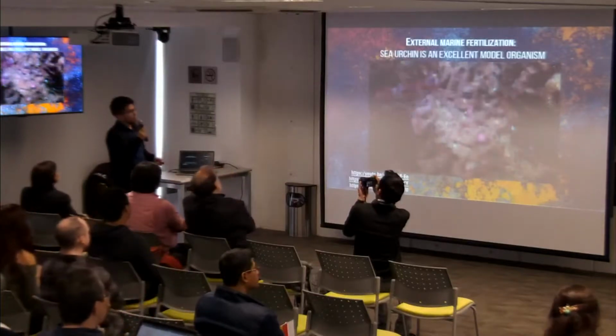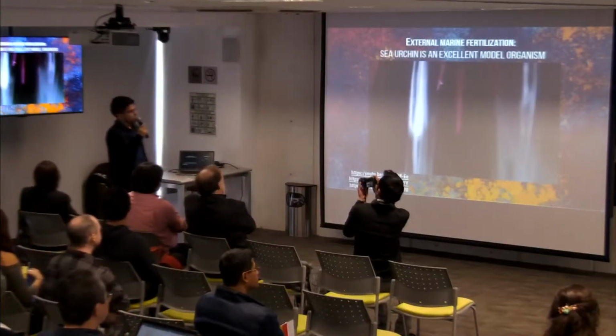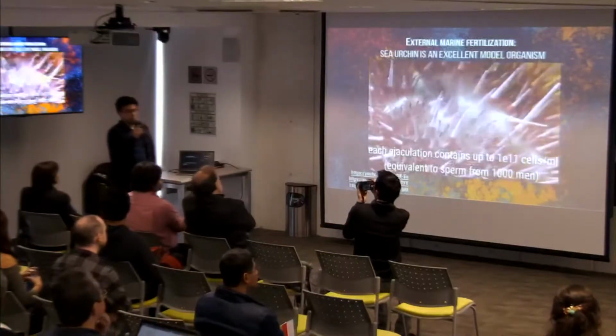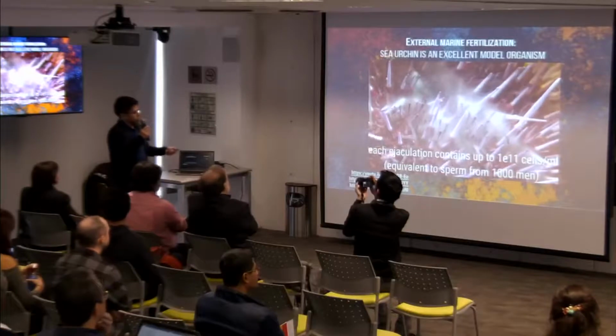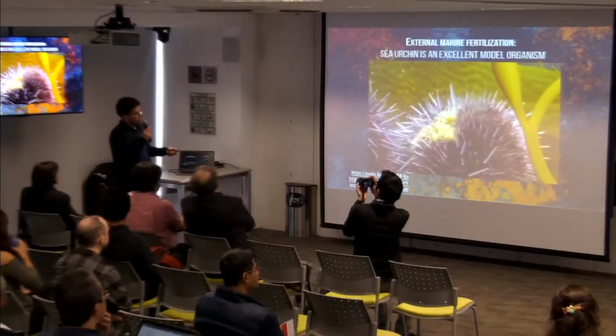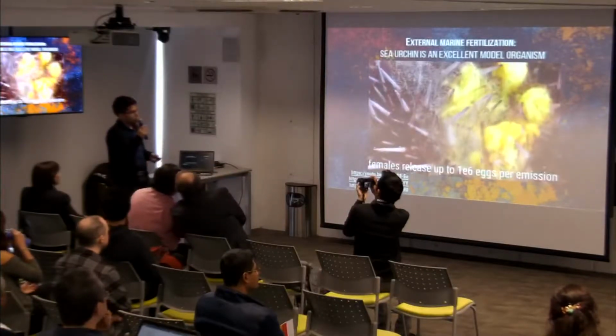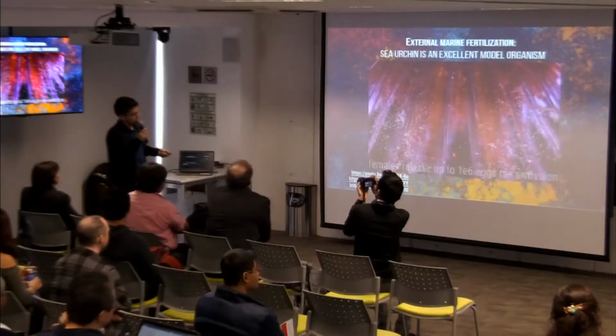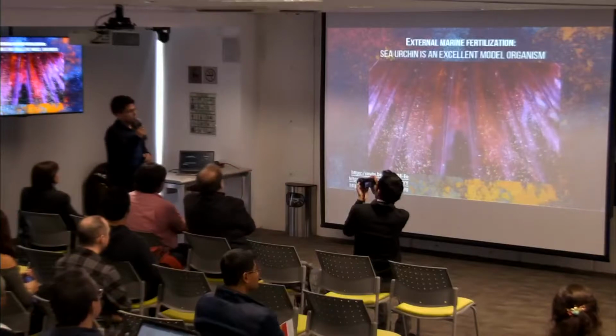Males and females release their gametes into the sea, and once released, they have the challenge to encounter each other. Just to note, the males release up to 10 to the 11 sperm per emission, and females release up to 1 million eggs per emission.